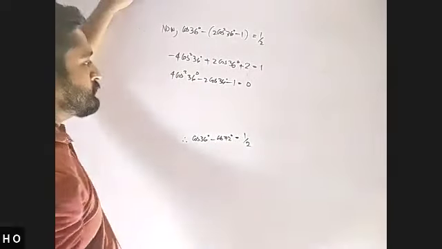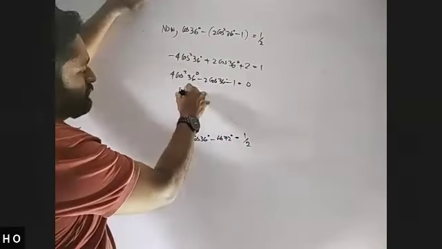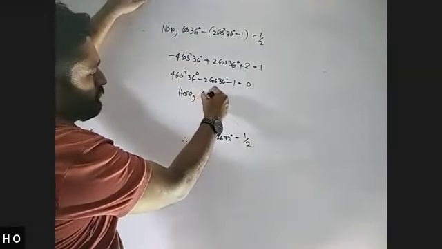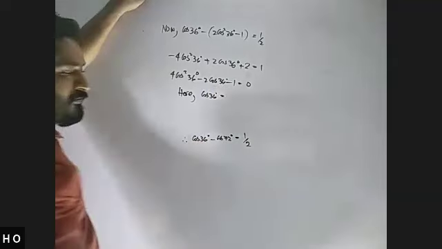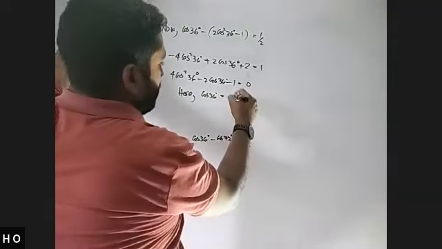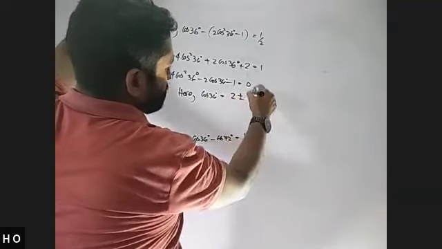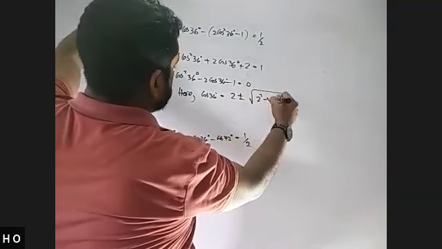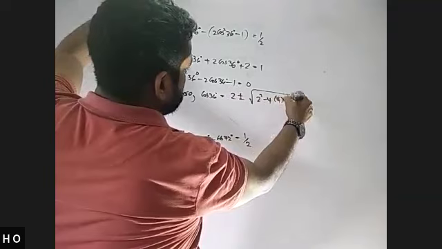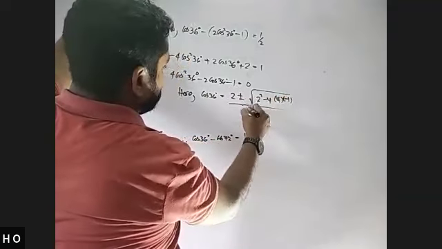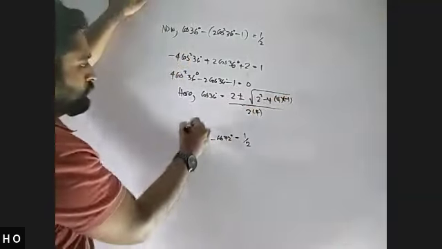So yes, you have to find cos 36. Since this is trigonometry, you can use the formula. This is not algebra. Minus b plus or minus root of b squared minus 4ac, over 2a.